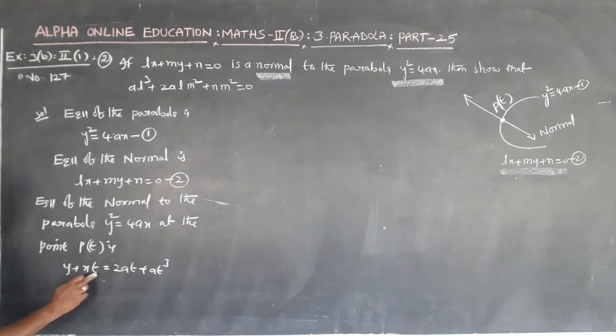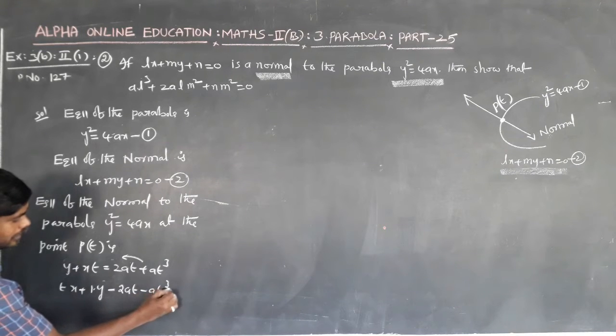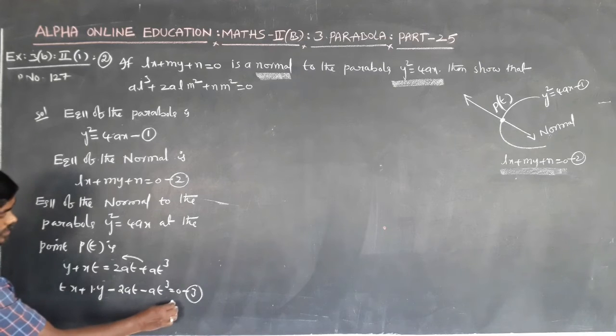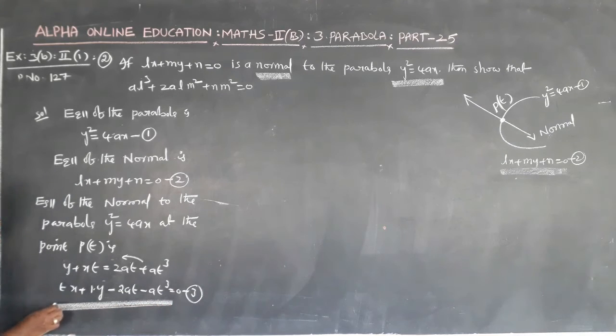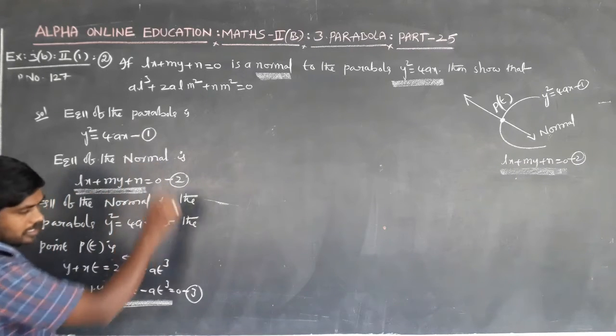Writing it in order: t into x plus 1 into y, taking 2at + at³ to the left side, tx + y - 2at - at³ = 0. This is the equation of the normal. This is also the equation of the normal.